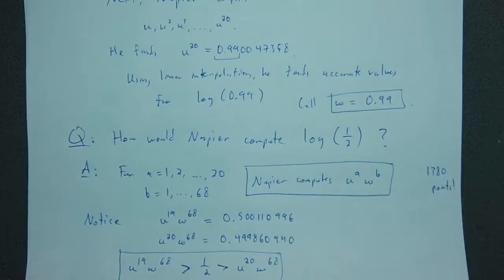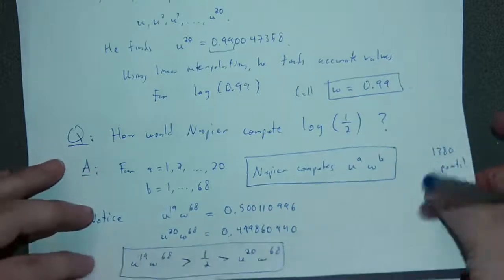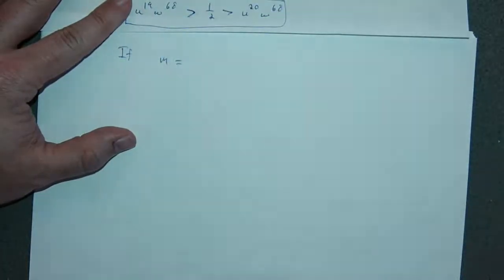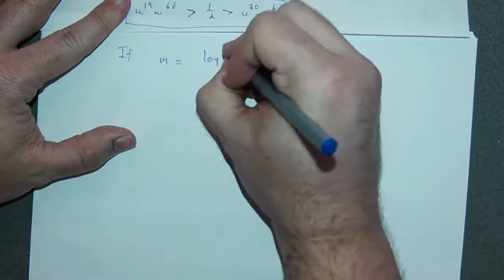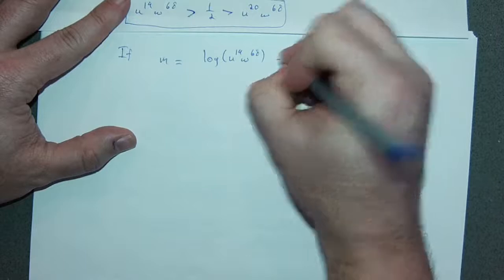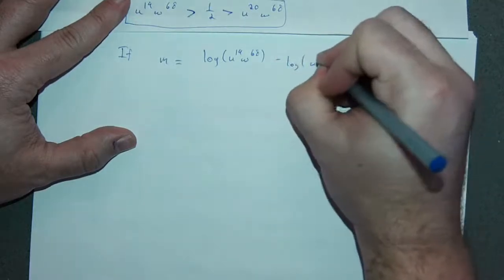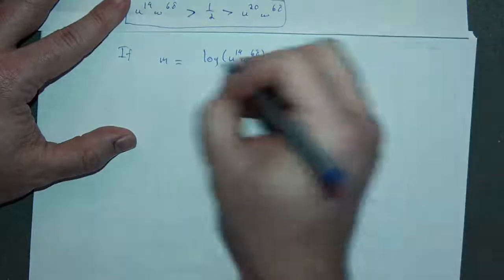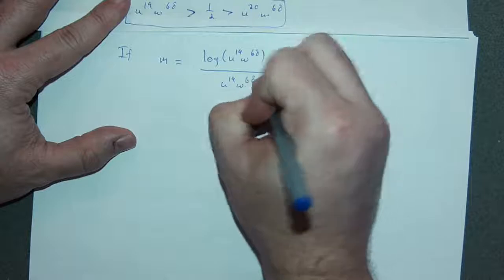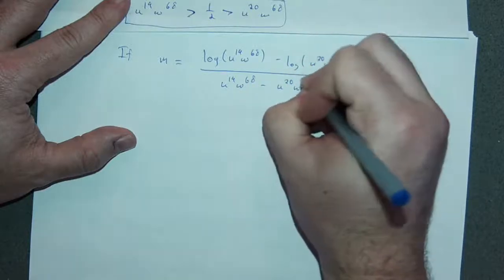And so here is where I use linear interpolation again to give me exactly what I want. What do I do here? So noting this, if m is equal to the log of U to the 19 W to the 68 minus log of U to the 20 W to the 68, over U to the 19 W to the 68 minus U to the 20 W to the 68.